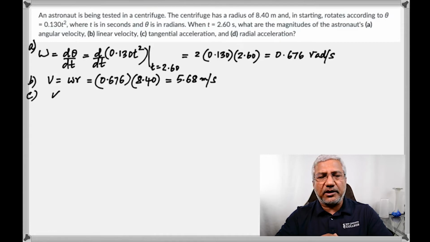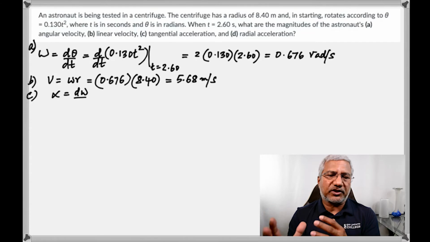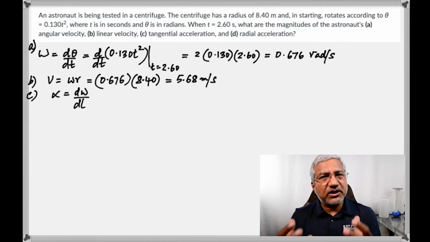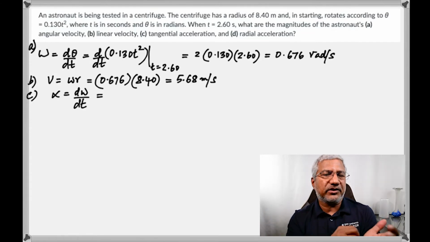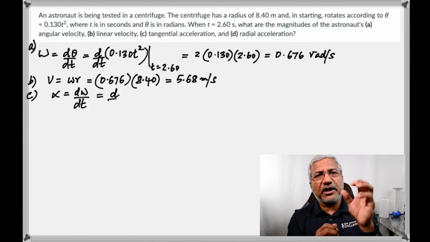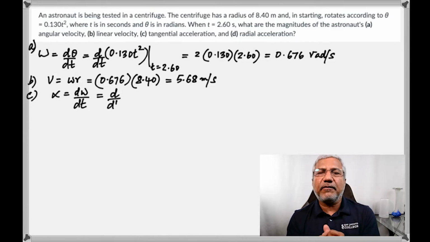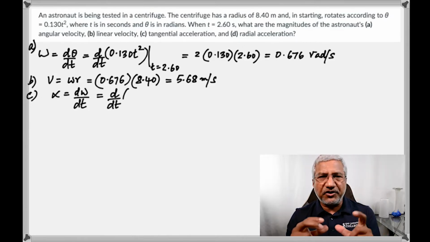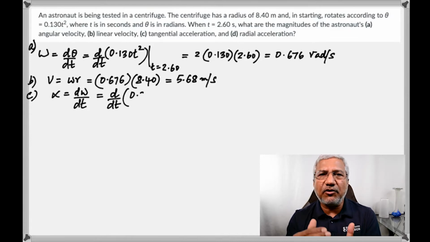Now the C part, we have to find tangential acceleration. So there are two types of accelerations. Tangential acceleration compares with the linear acceleration. So in place of a, we have alpha. Now a is dv by dt, alpha is d omega by dt.